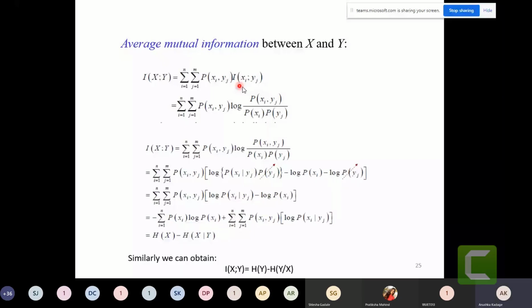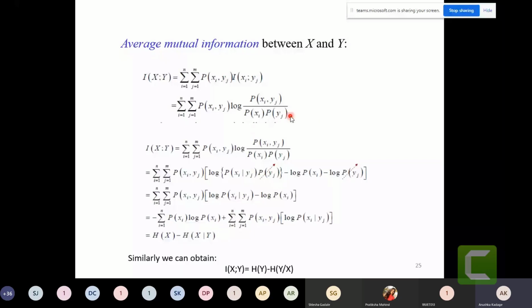Now, this mutual information can be replaced by log of P of xi yj divided by P of xi into P of yj.